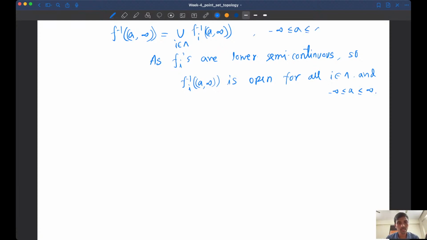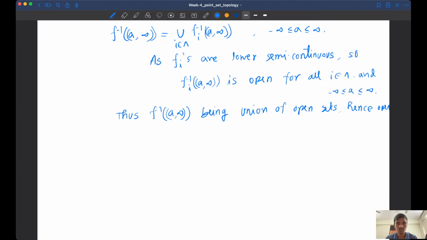Okay, so thus f inverse of (a, infinity) is again a union of open sets, hence open, and this implies f is lower semi-continuous.